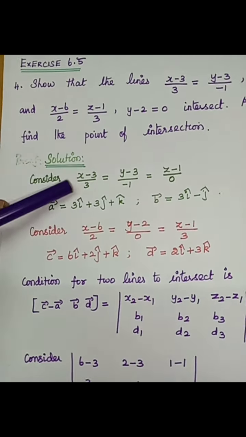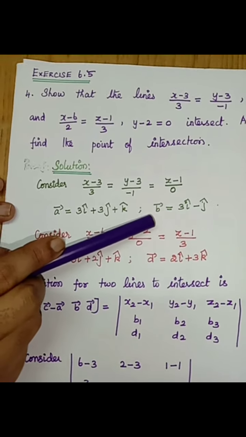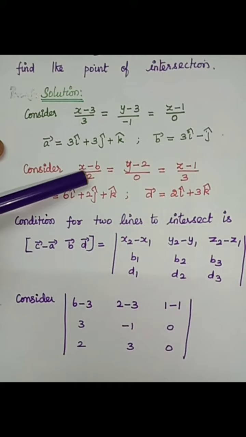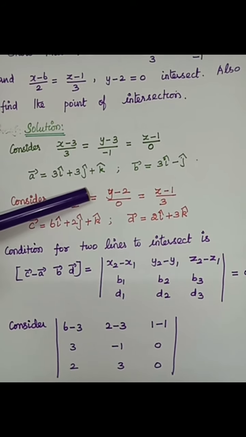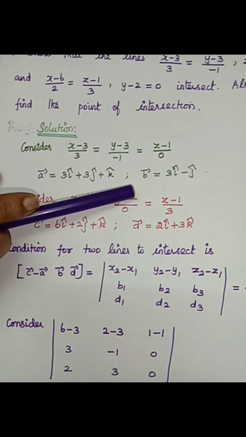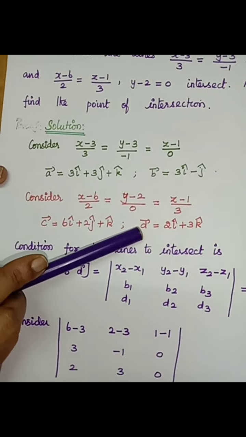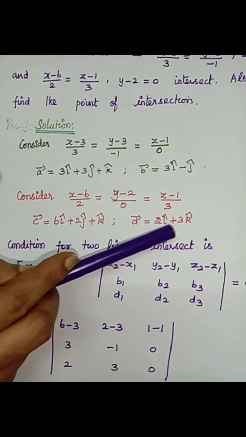And the denominators are nothing but the direction ratios of the parallel vector. So B vector is equal to 3i cap minus j cap. The same way C vector will be 6i cap plus 2j cap plus k cap, and the denominator D vector is equal to 2i cap plus 3k cap.